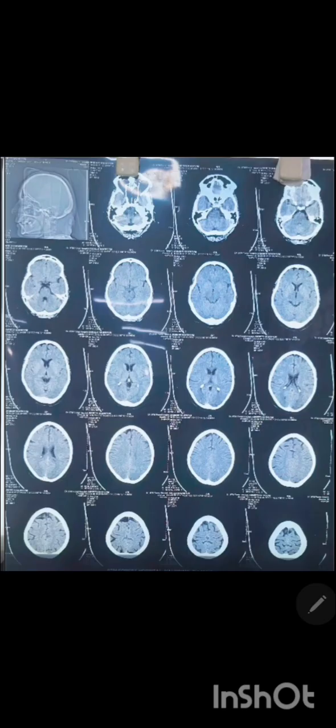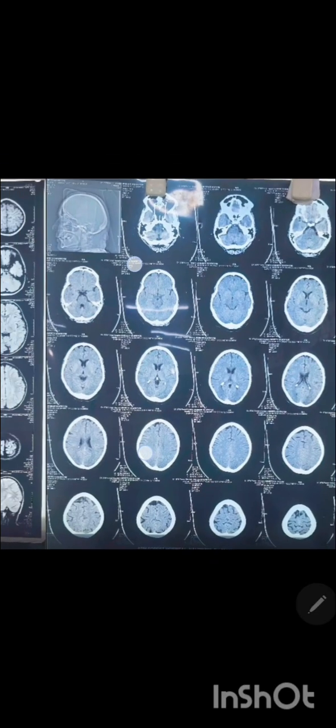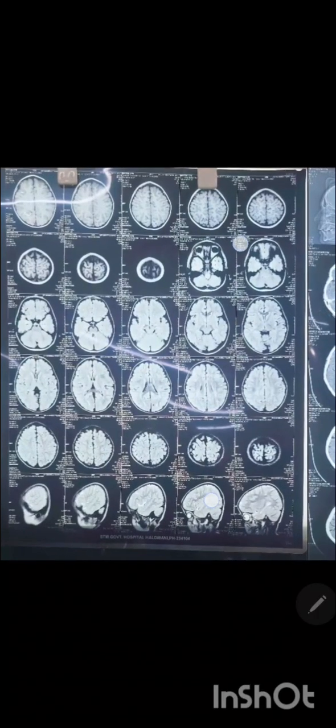We can also observe different fractures or trauma, or internal bleeding conditions. This can be done in the CT, computed tomography.